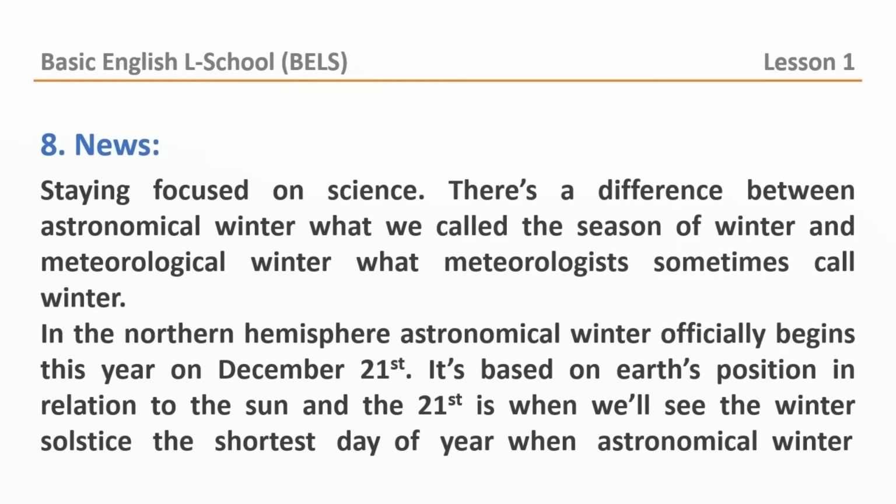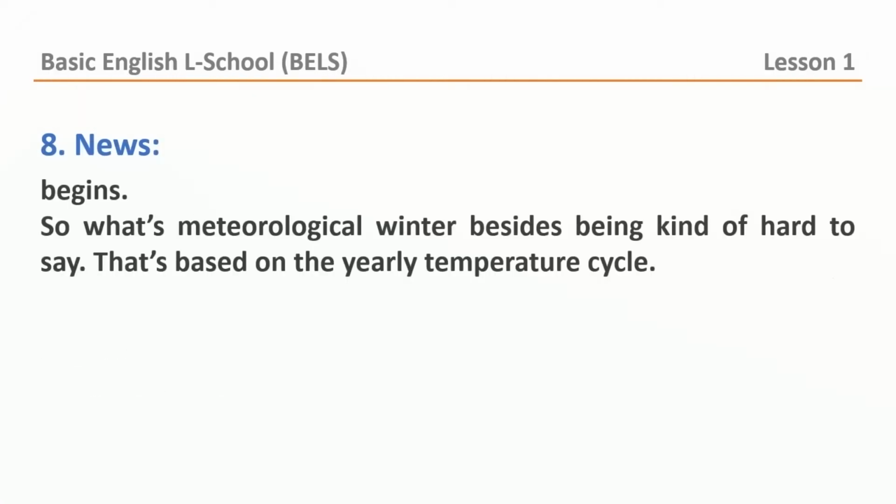It's based on Earth's position in relation to the Sun, and the 21st is when we'll see the winter solstice, the shortest day of year when astronomical winter begins. So, what's meteorological winter besides being kind of hard to say? That's based on the yearly temperature cycle.